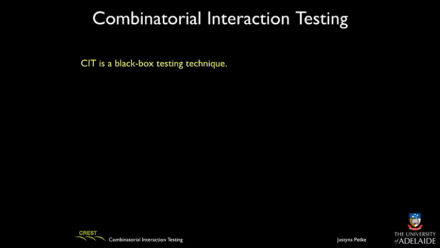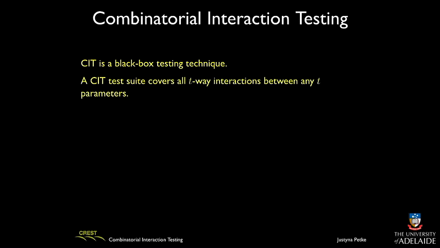So to briefly summarize this first part of the lecture, what have we covered so far? Well, combinatorial interaction testing is a black box technique. Just values go in, and some behavior is then observed. In particular, what's important for us now is that we are after T-way interactions, for example, pairwise interactions.